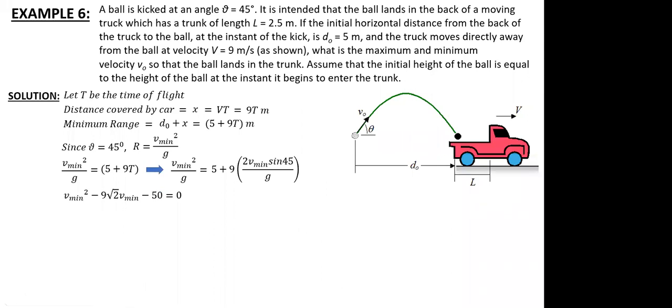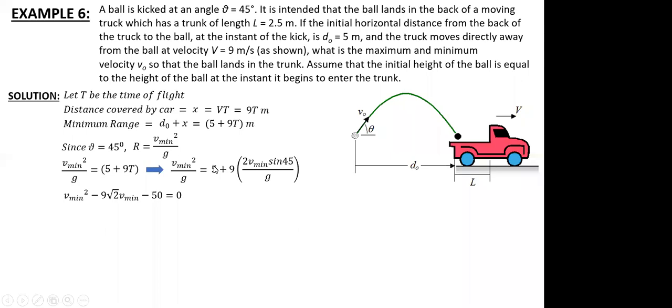Now I got this relation. Your sine 45 is 1 by root 2. 2 by root 2 will become root 2. So it will be 9 root 2 V min, which will go on the other side, that will become minus. This g and this g are going to get cancelled after taking the LCM. And to complete the LCM for this term, I need to multiply g with 5, that means that will become 50.